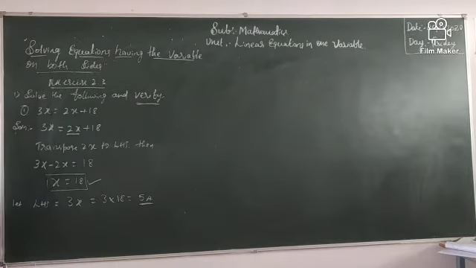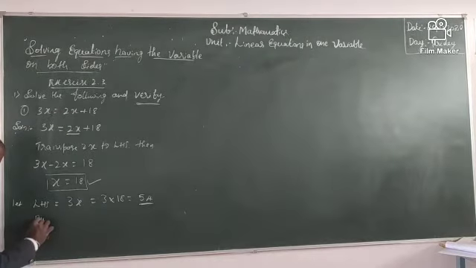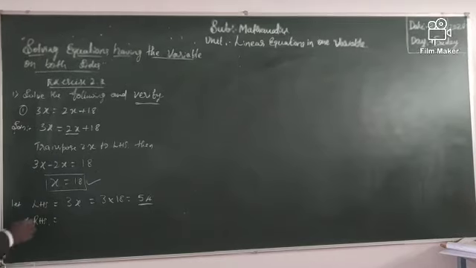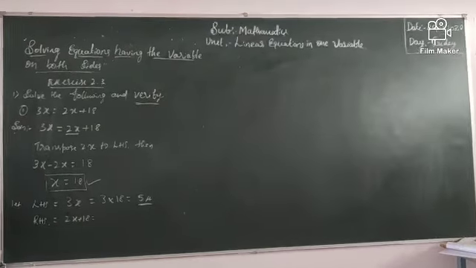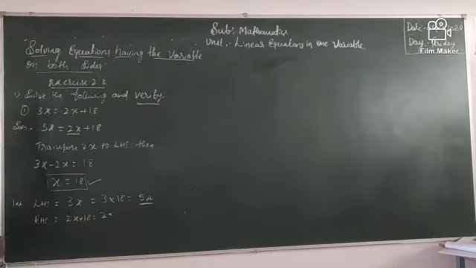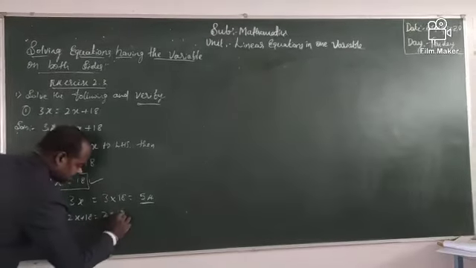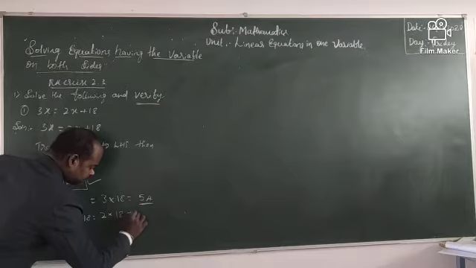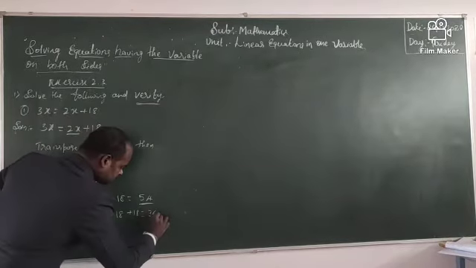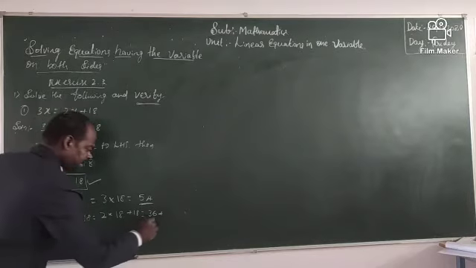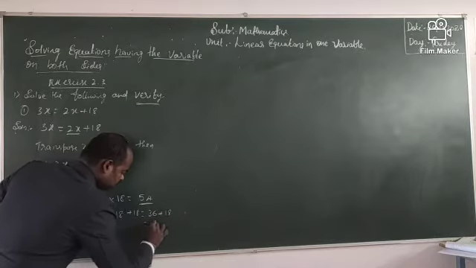And the RHS, what is the RHS? RHS equal to 2x plus 18. 2 into x value 18, plus 18, is equal to 2 eighteens is 36, plus 18, which is equal to 54.